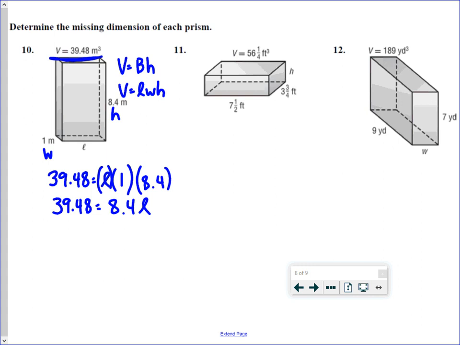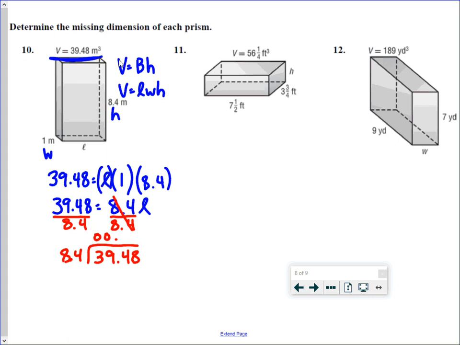So now we need to divide by 8.4 to solve for L, to get rid of this. So we have 39.48 divided by 8.4. It's a pretty tricky one. 84 does not go into 39, so we know it's going to be a decimal. Oh, actually, we need to move the decimal first.